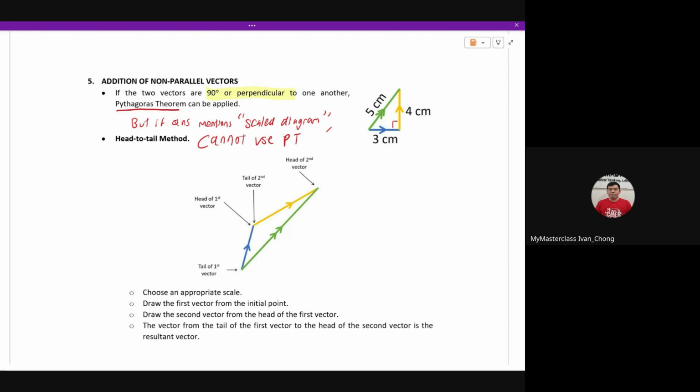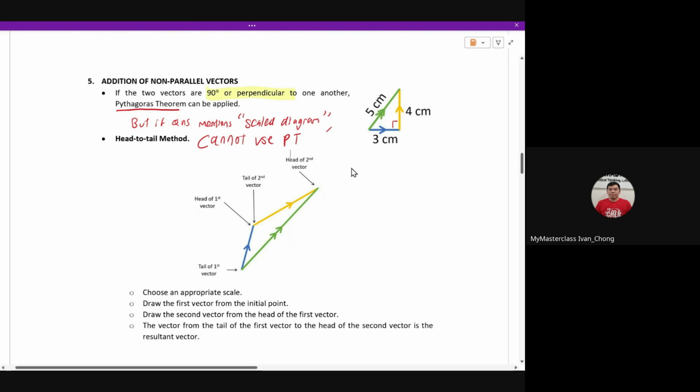If they say with the use of a skewed diagram, that means I cannot use Pythagoras theorem. I can use it to double check my answer, whether it's correct or not, but I cannot use it to solve for my resultant vector. So do take note of this.